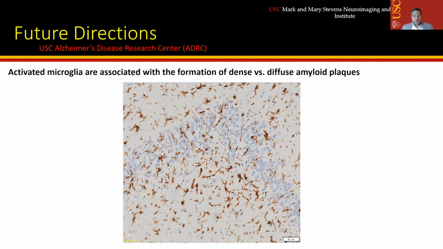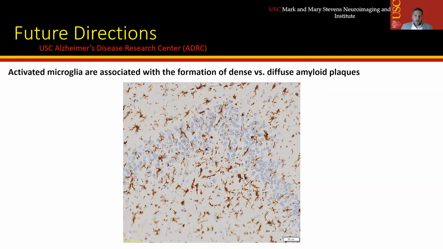The microglia, which you can see here in brown, have a very important role in supporting healthy function. Recent studies have shown that the microglia play a major role in the formation of the dense amyloid plaques. And animal studies have shown that if you remove these microglia from animals, no dense plaques will form and only diffuse amyloid labeling is present.